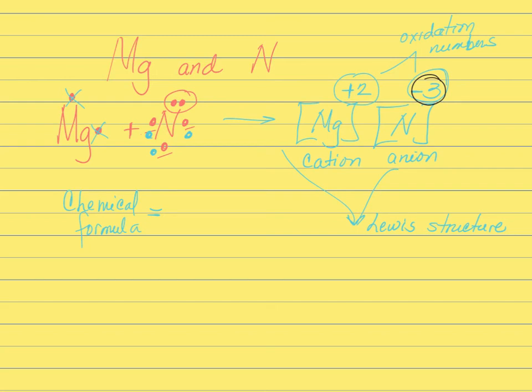See, you are going from the oxidation numbers all the way through to the subscript down here. You remember that I was doing that dance, baby? You have to dance when you're writing the chemical formula. So the chemical formula is Mg3N2. These numbers that you have over here are the subscripts.